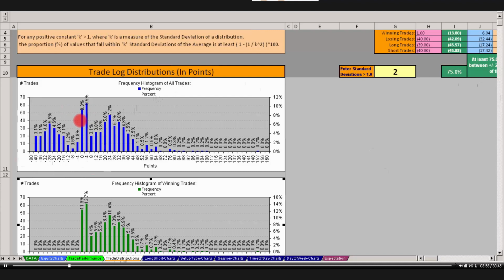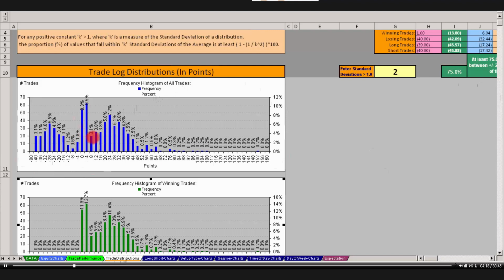While we're there, we can also see some percentages on the right-hand axis. Every one of these bars is a group of trades that fell within some number of points. That's why it's called a frequency histogram.